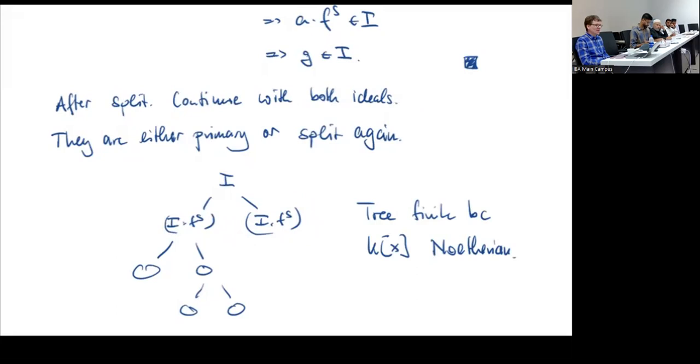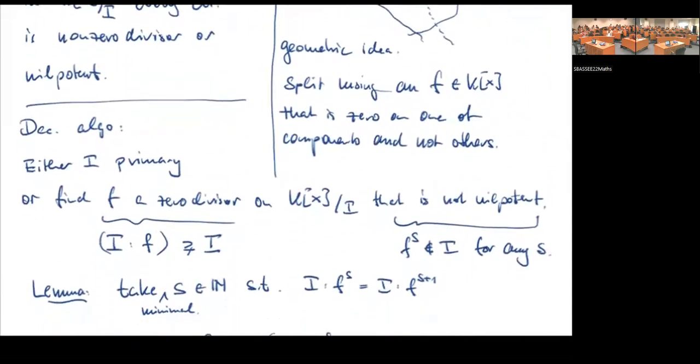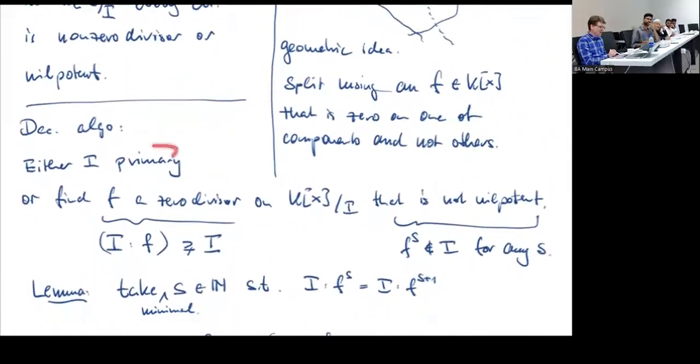Okay, think about step 1. How would you implement step 1? Step 1 was either I is primary. Okay, you need to test if I is primary, and that's already the big complication. So how do you test if I is primary, or if not, find this witness, the splitting element that is not primary? This is in fact the major complication.